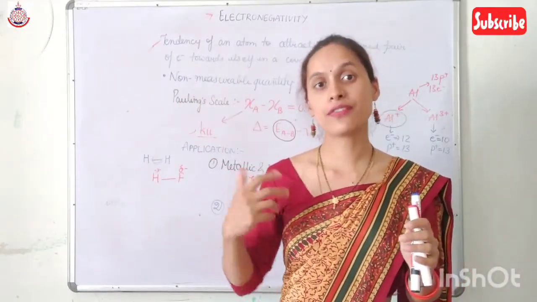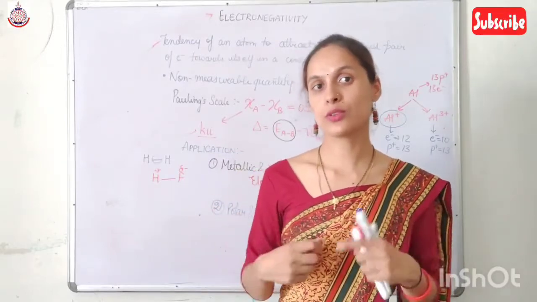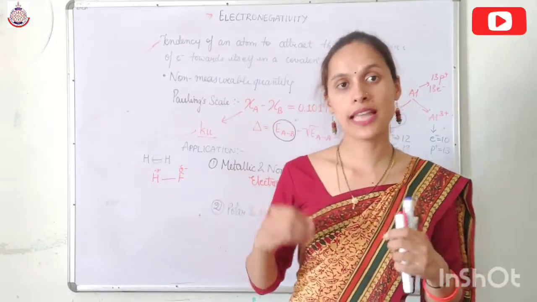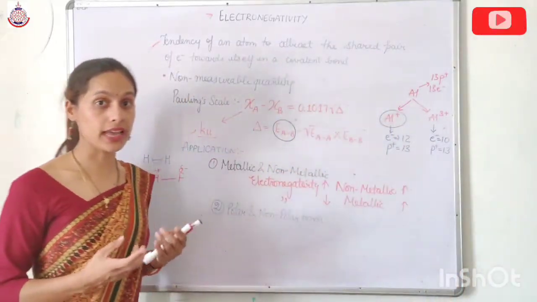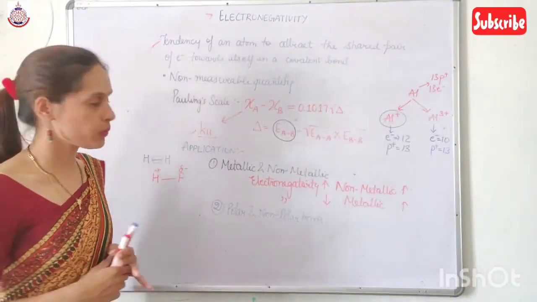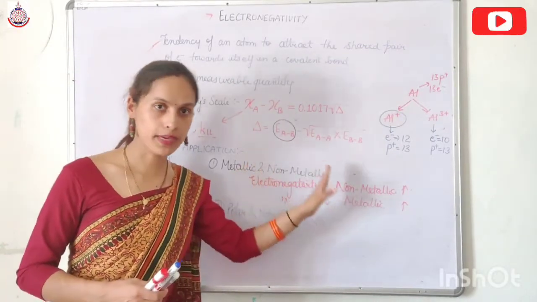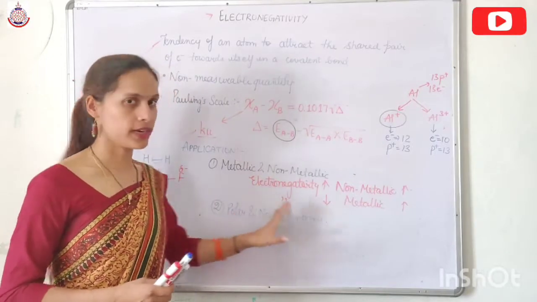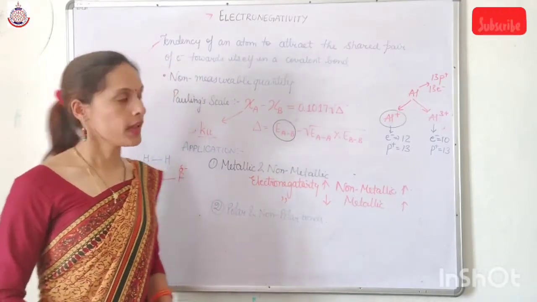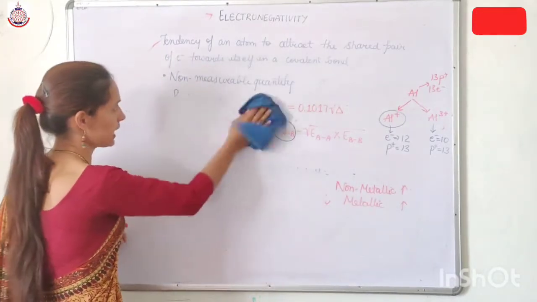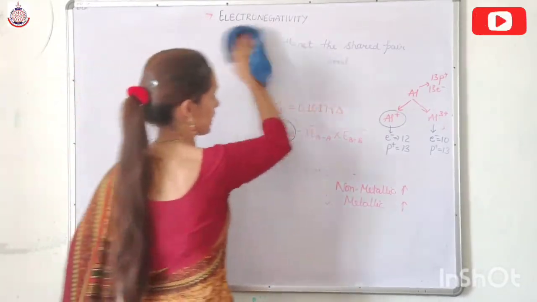And if we have different electronegative atoms bonded to form a bond, then the bond is known as a polar bond. So with the help of electronegativity, we get to know about the metallic and non-metallic character and the polar and non-polar bonds. Now we'll talk about the difference between electronegativity and electron gain enthalpy.